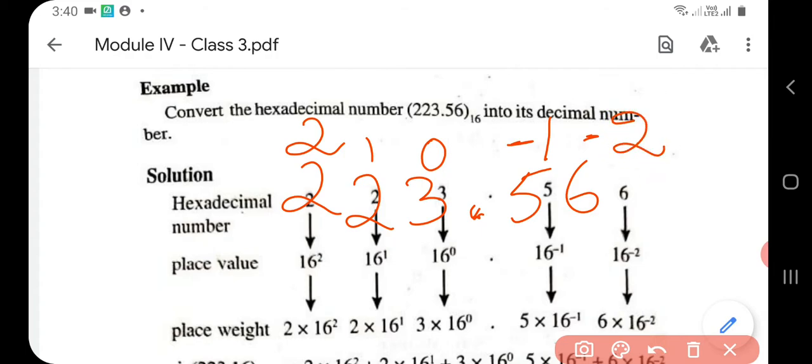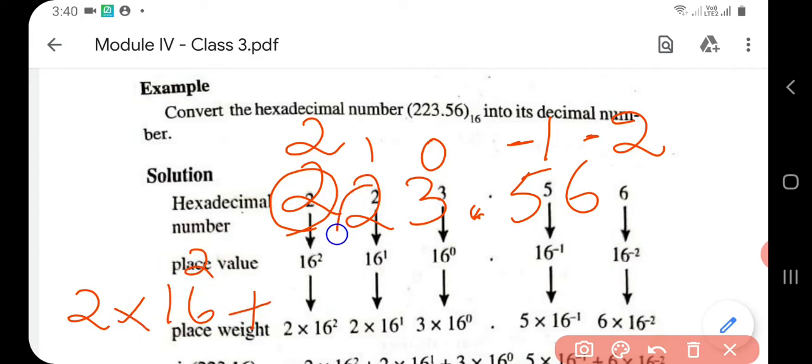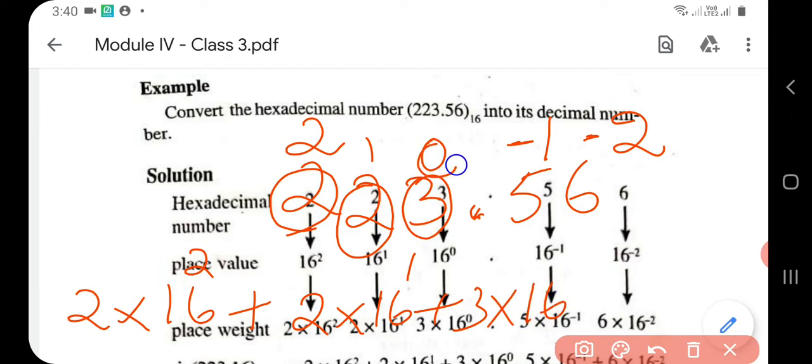Then write them individually. First take 2 into 16 raised to 2, plus 2 into 16 raised to 1, plus 3 into 16 raised to 0. Then you put the decimal point as such. Now add all these terms and you will get a number.